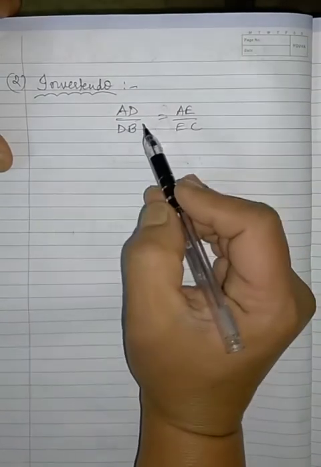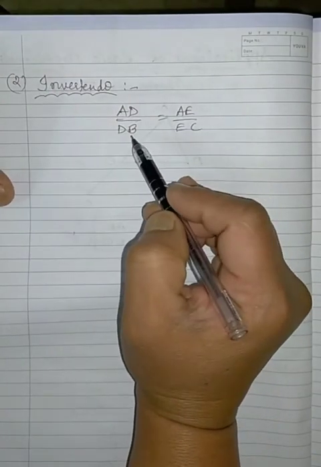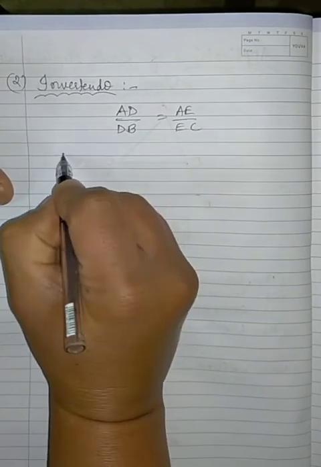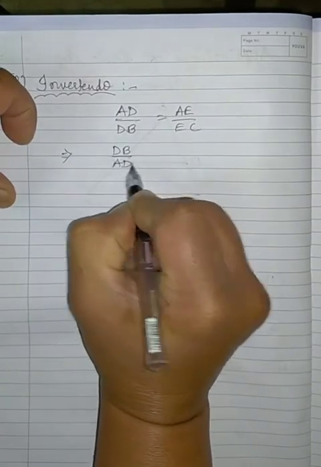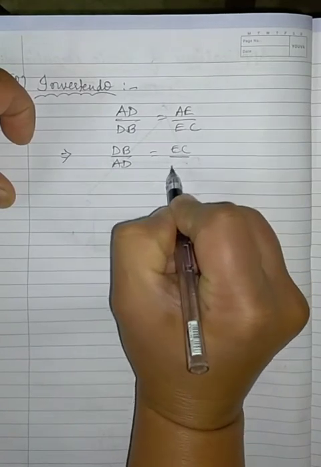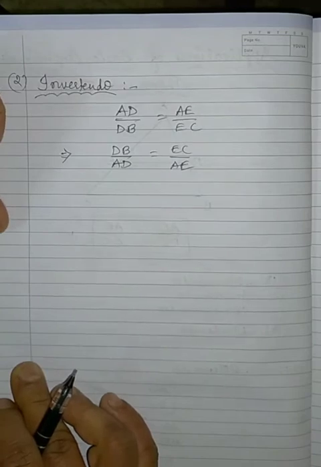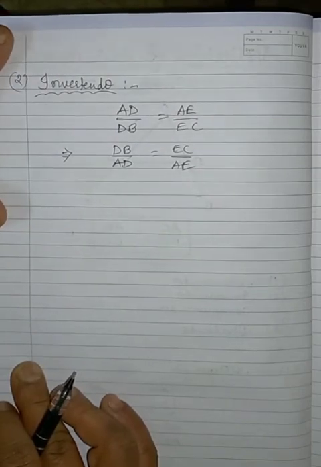Now, invertendo means to invert the ratio, in which the denominator becomes numerator and the numerator becomes denominator. So by invertendo, you can write it as DB upon AD is equal to EC upon AE. Okay, so this is called invertendo, in which we invert the ratio as per our need. You will see these relations used when we solve some questions.